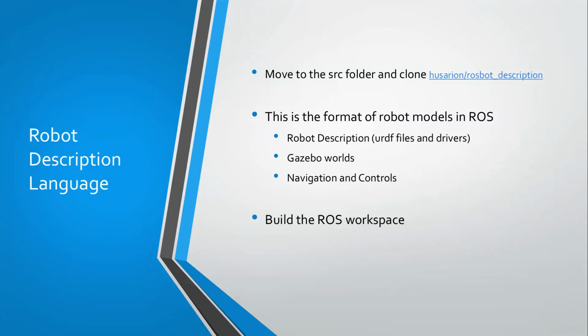So if the company decides that it needs to work with ROS, they create models and then they create packages for ROS, which are called description packages. And they are available to download either in GitHub or in ROS packages directly.